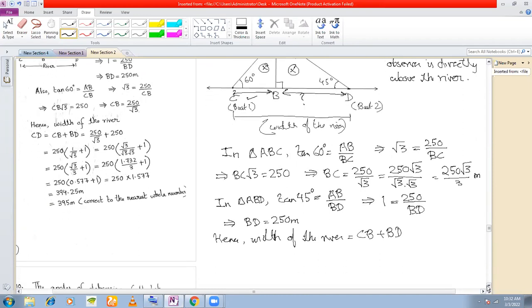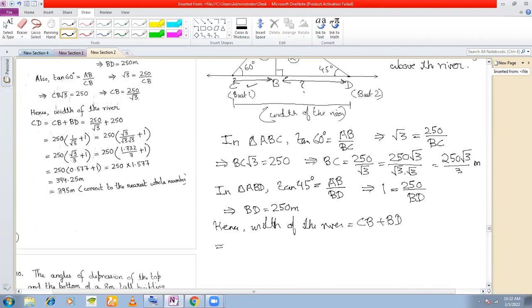Put the values. CB we have found out as 250 √3 by 3, and BD is 250. Because you need to find out till the nearest whole number, you just convert this to decimal. Simplify this. First of all, take 250 common. So you get √3 by 3 plus 1.